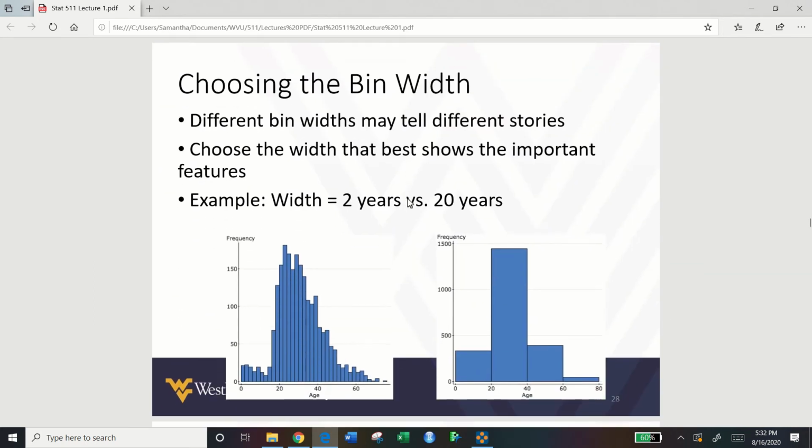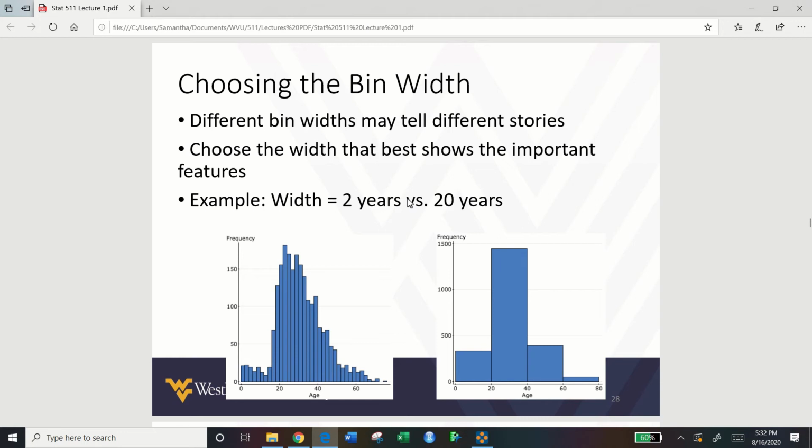Now, there is always a choice when we're talking about how we make our classes, and that is to tell us how we want to make our bin width. Different bin widths can tell many different stories, and we will choose the width that best shows the important feature.